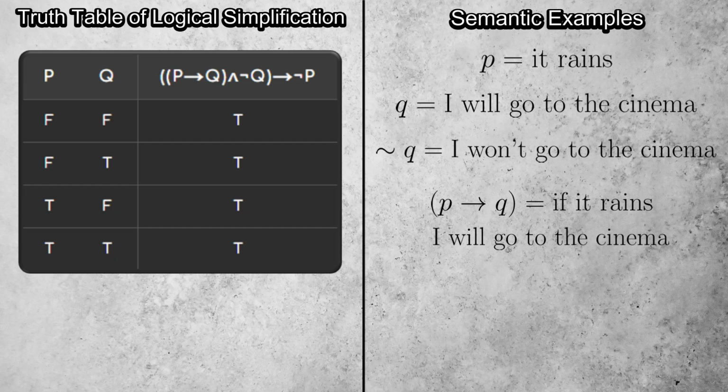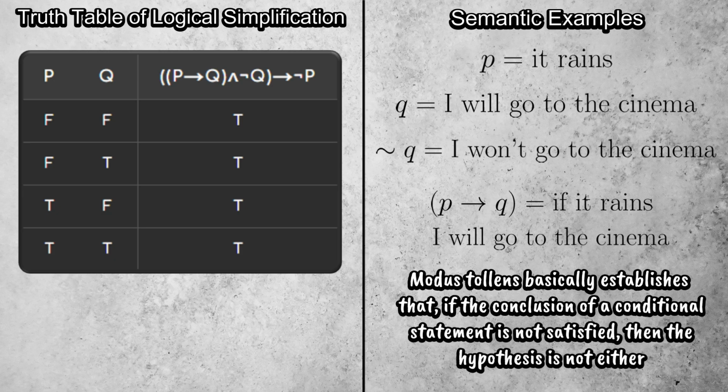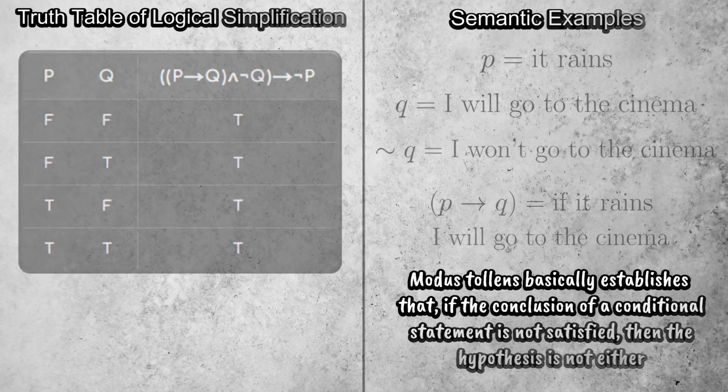If it rains, then I will go to the cinema, which will be represented by if P, then Q. And I did not go to the cinema, not Q. If we accept both propositions, we can logically conclude that it did not rain, not P. This is an example of the rule modus tollens. If we check the truth table, we notice that this represents a tautology.